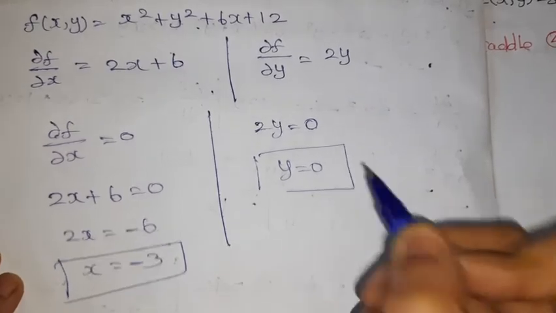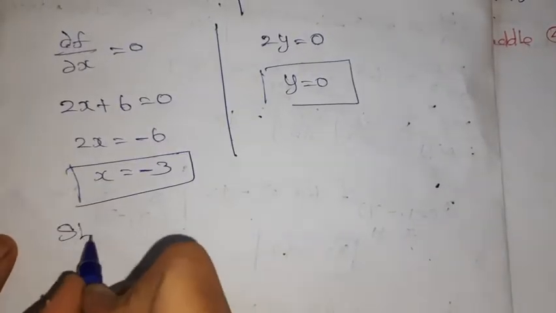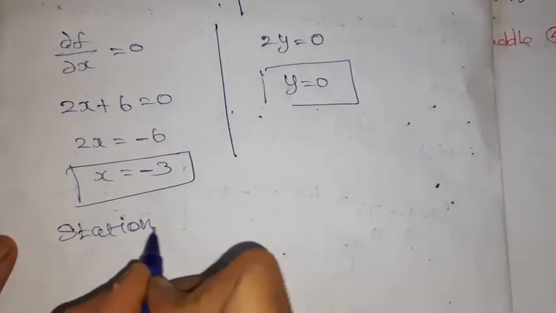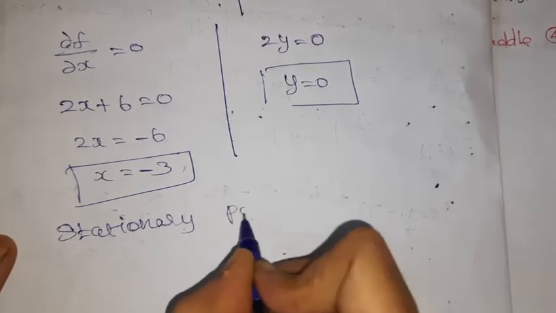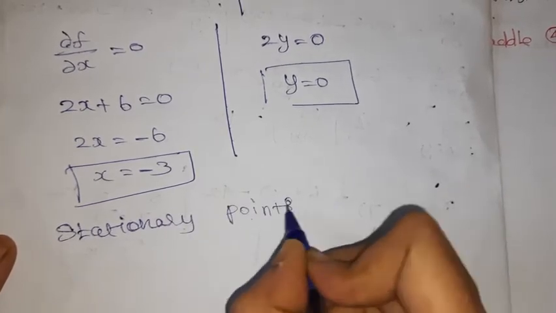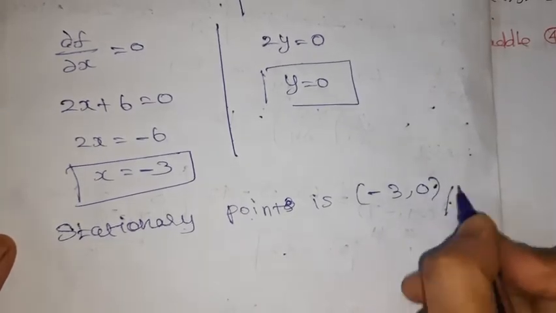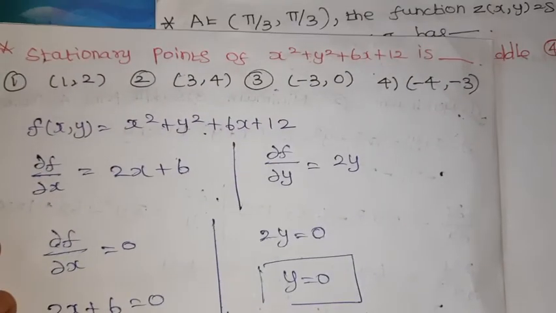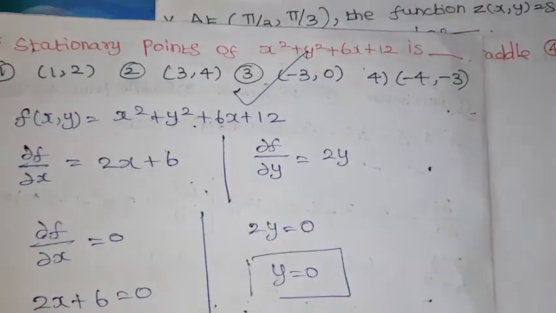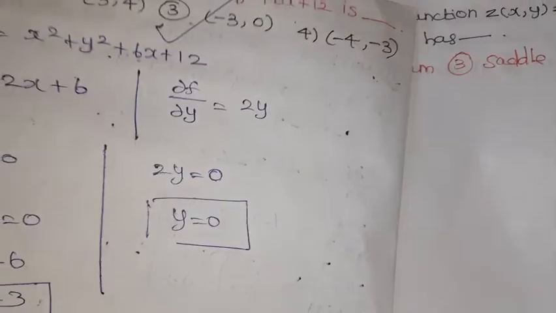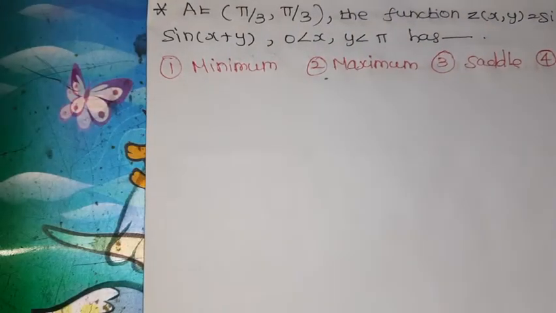Therefore, the stationary point is minus 3 comma 0. Option 3 is the right option for this problem. Okay, we'll move on to the next problem.